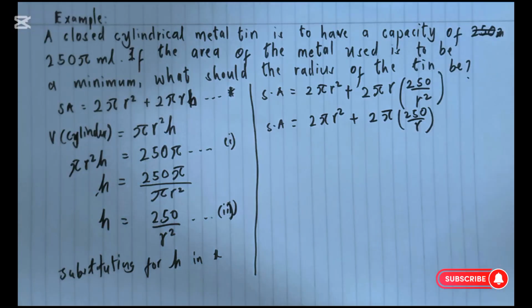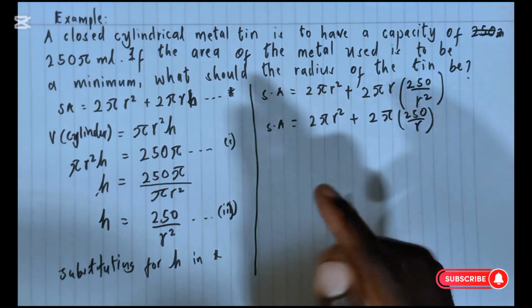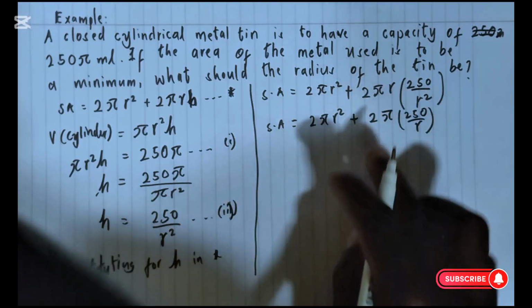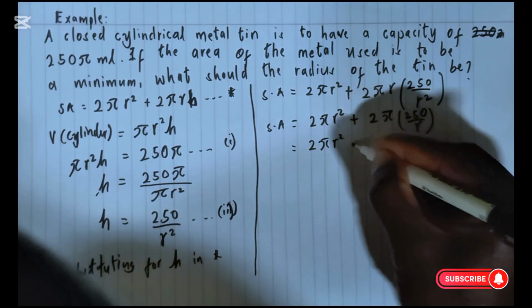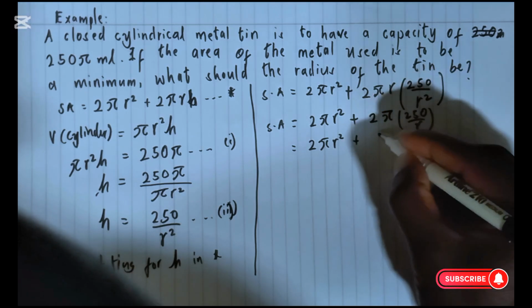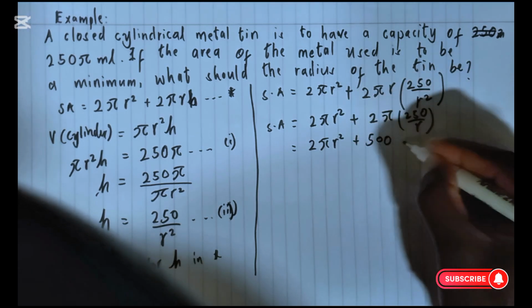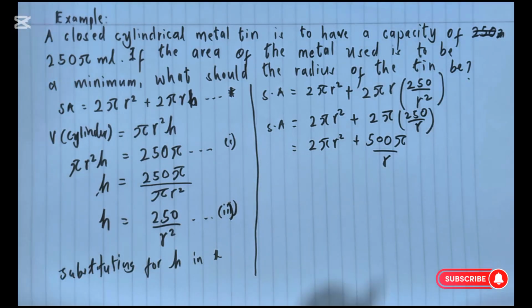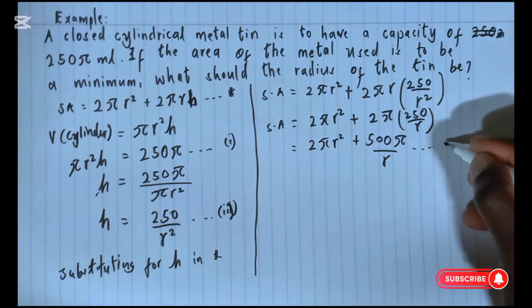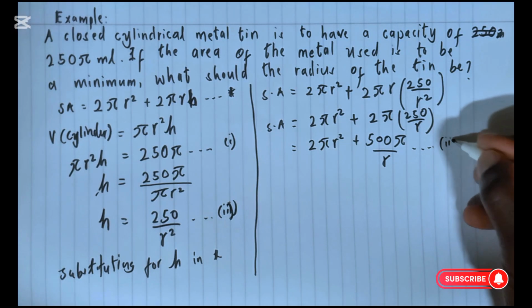I've basically simplified the r's, and so I can also go ahead and multiply that further. I'm going to have it to be 2 pi r squared plus 2 times 250 pi, that would be 500 pi all over r. All right, so that is our final equation, and I'm going to call it equation 3.